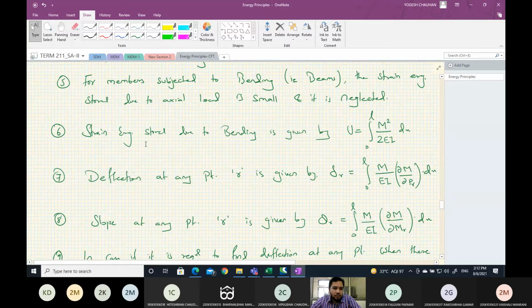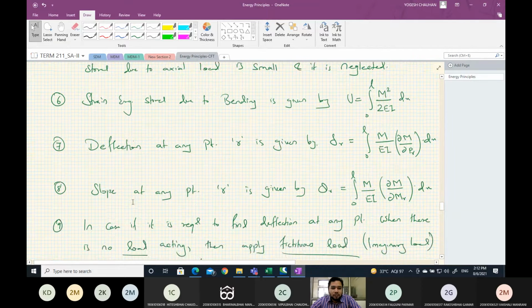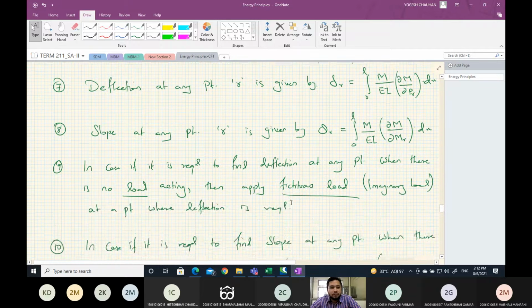The strain energy stored due to bending is given by U equals the integral from 0 to L of M squared by 2 EI dx. The deflection at any point R is given by delta R equals the integral from 0 to L of M by EI times del M by del PR dx. The slope at any point R is given by theta R equals the integral from 0 to L of M by EI times del M by del M_R dx.